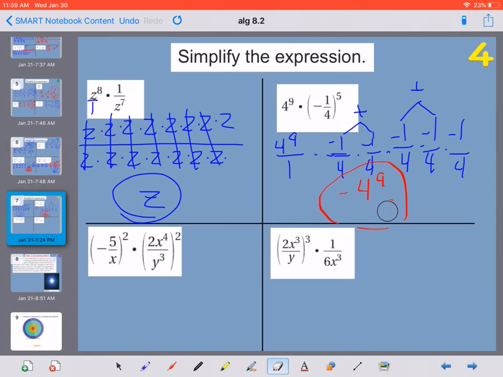Well, let's do it like this. On the bottom we have 5 fours, so we have 4 to the 5th power. So we could simplify this, and 4 to the 9th minus 4 to the 5th, so we get negative 4 to the 4th power. There we go. That's a better answer than what we had.